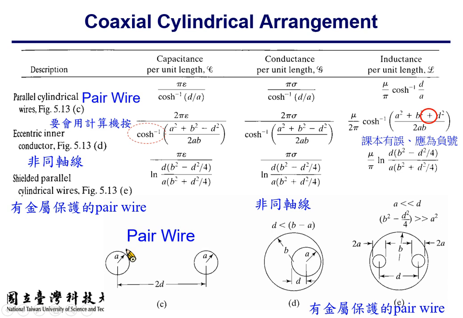So this table is convenient to give you the so-called easy points questions. Look at the table and press the calculator, you can do this, right? But not too many points, at most 5 or 10 points. But you must know how to press it, okay? And the fifth one is this one. So you can think of this as pair wire shielded with a metallic enclosure.